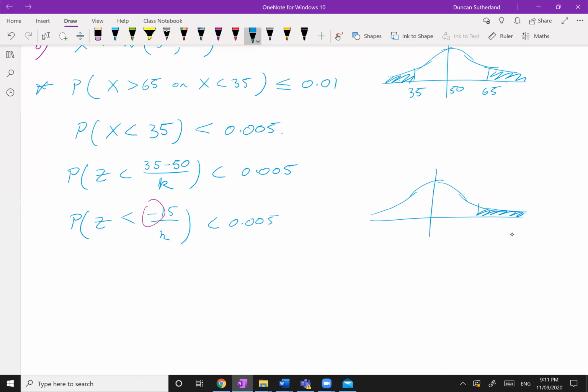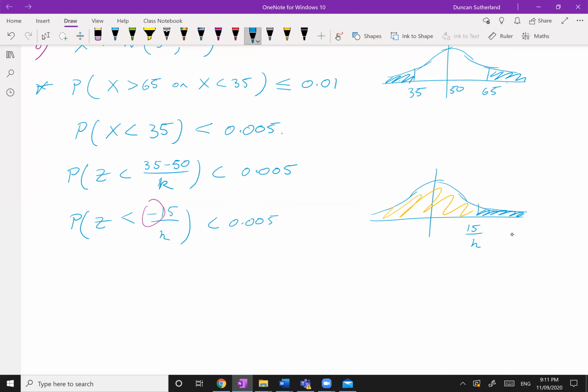We want that area, which is exactly starting with greater than 65, which is the alternate setup to the problem. So obviously we want 1 minus the probability of less than this setup here. So this is 15 over K, and we want 1 minus all of this.